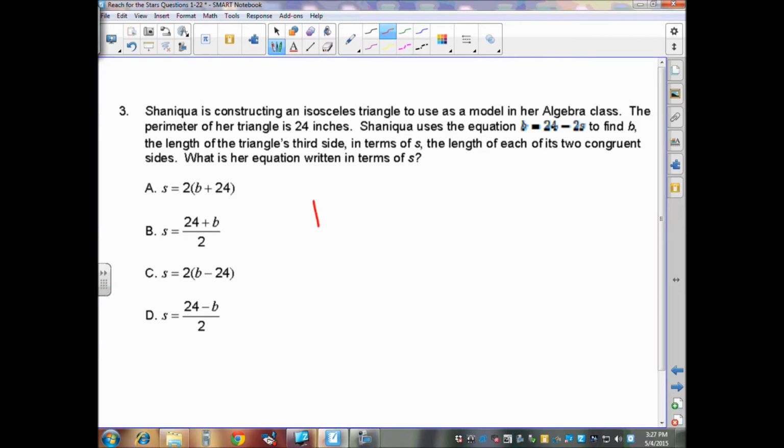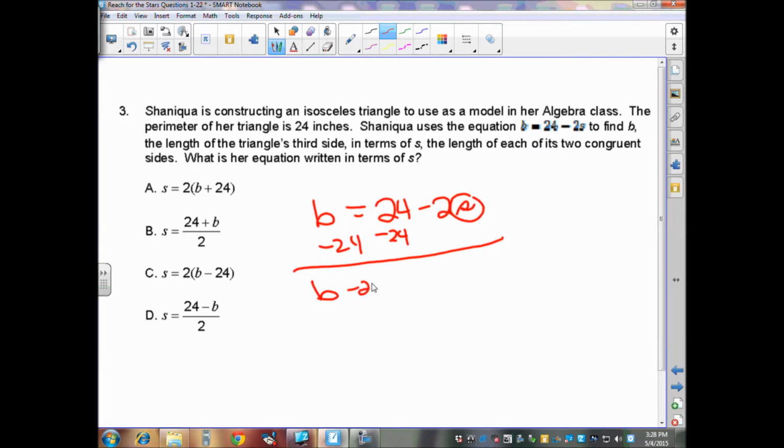Okay, this one, we're given this equation, and we're asked to solve for S. So since that's a positive 24, we want to subtract 24. We get B minus 24 equal -2S. Divide both sides by -2.